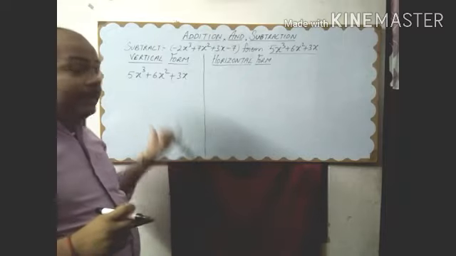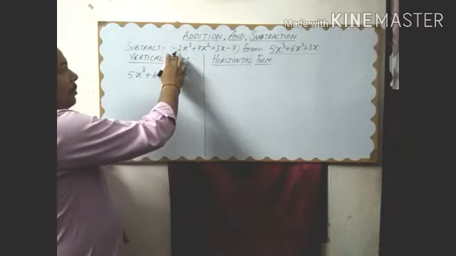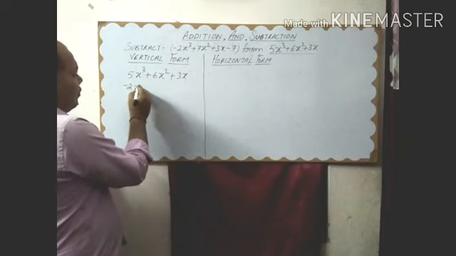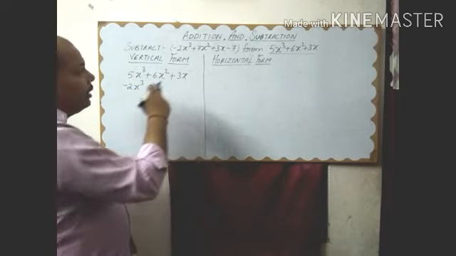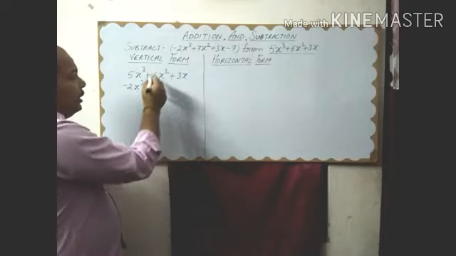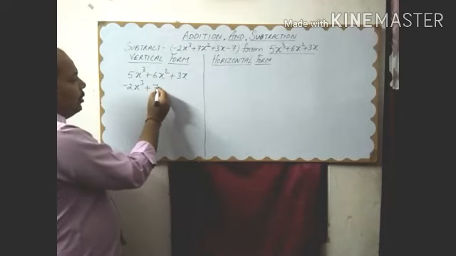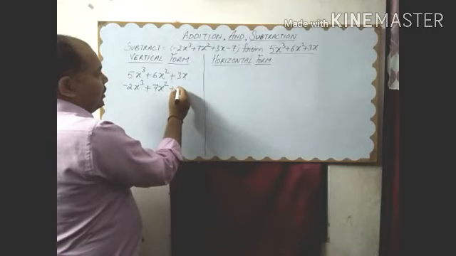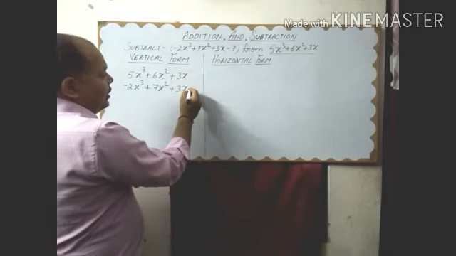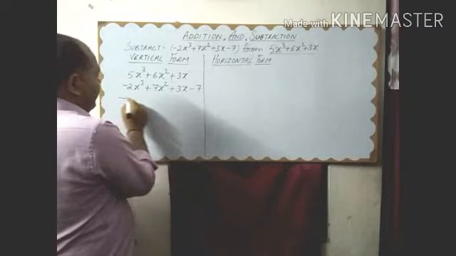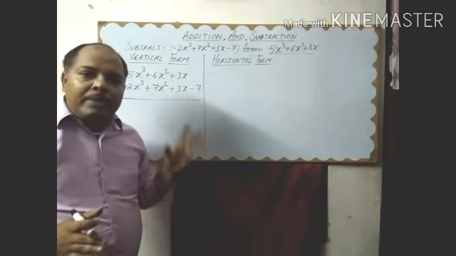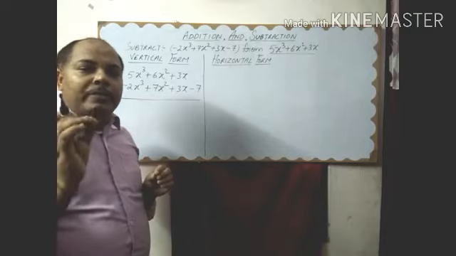I have told you, aligning the like terms means minus 2x cube should be under 5x cube because both are like terms, and 7x square should be under 6x square because both are like terms, same, plus 3x and minus 7. Clear?